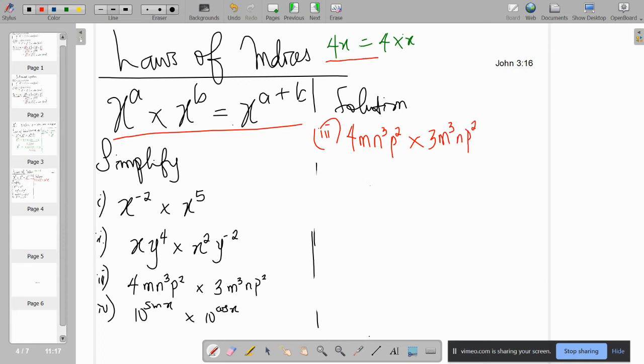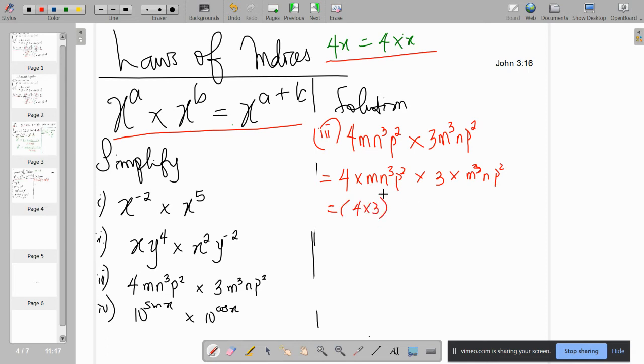One thing is that if you have 4x, this is something as 4 times x. The same way we can say that the whole of this now is something as 4 times m and 3p squared times 3 times m raised to power 3 and p raised to power 2. This is 3. So by grouping them together now, we can have 4 times 3.